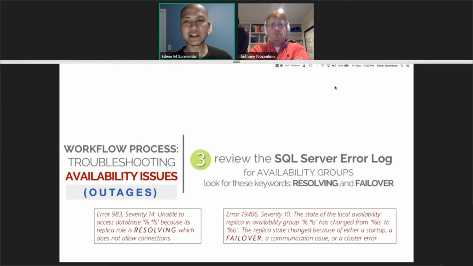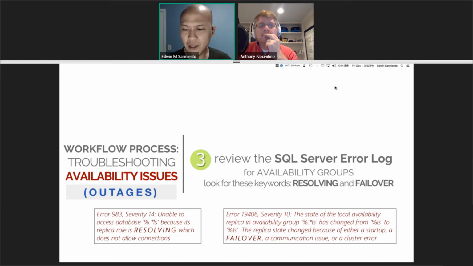The way I deal with this is, because the SQL Server instance is independent of the failover cluster, I can easily fire up SQL Server Management Studio, run sp_readerrorlog with a specific keyword, and look for resolving. Look for the timestamp, and then read up or down to figure out what caused this issue.